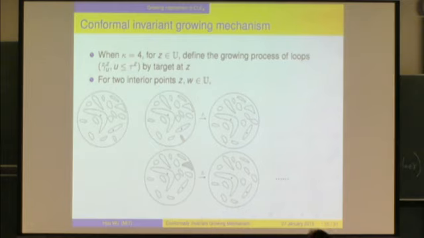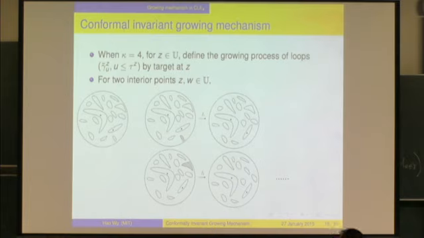So we go back to the discrete exploration. We have a collection of loops here. We draw a small semi-disk of radius epsilon. We discover the loop that intersects this small semi-disk. And now we want to map the remaining region onto the initial region. But since now we have two interior points, we have to choose which point to normalize.